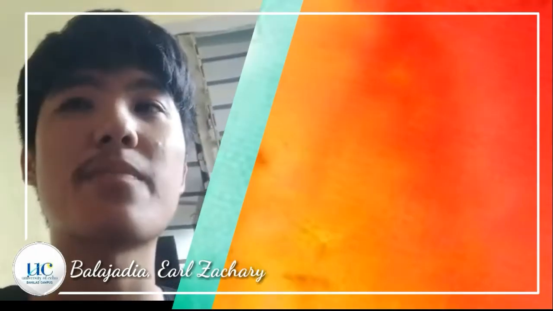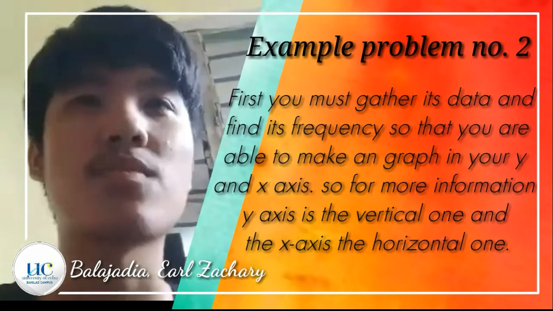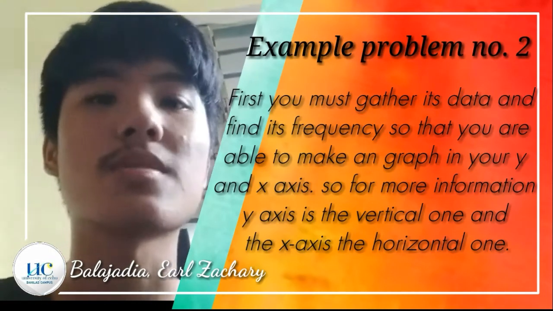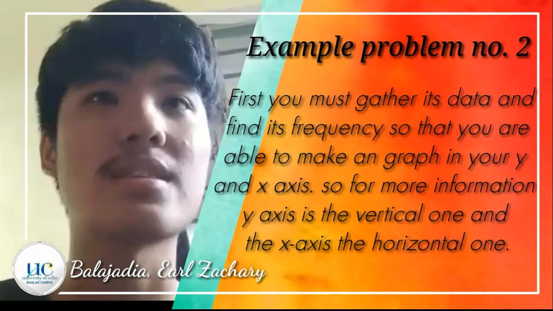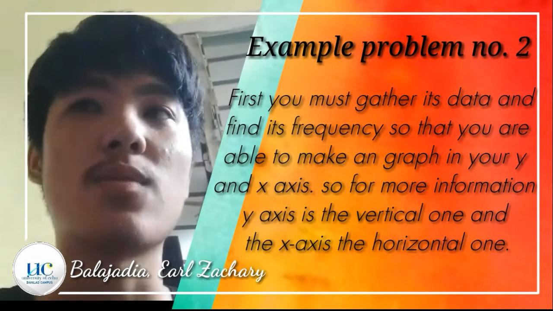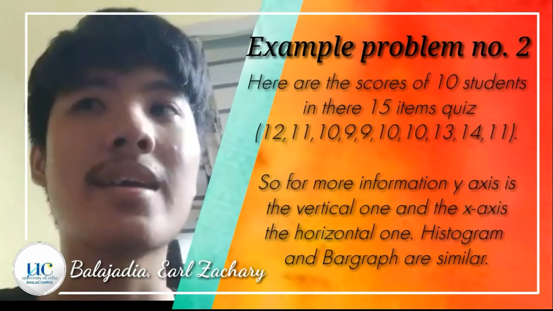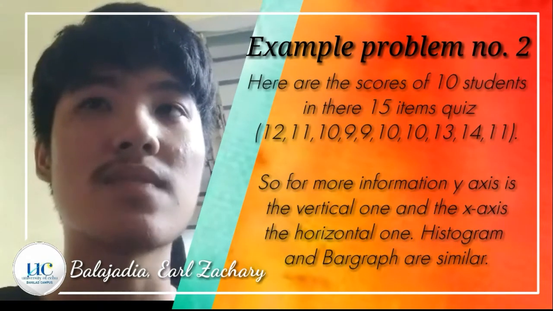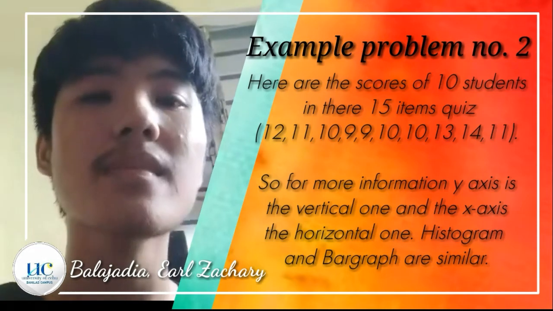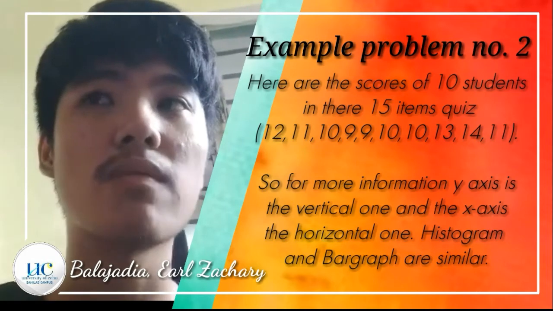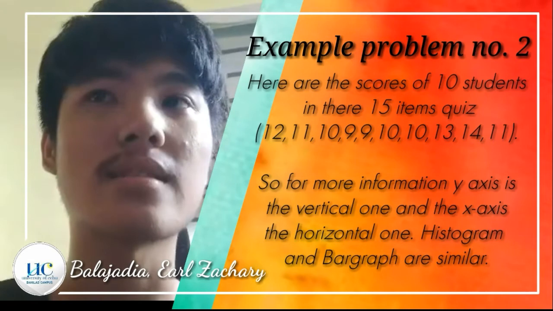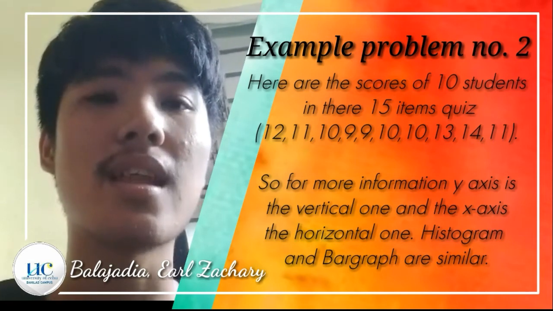So today I have a problem example so that you are able to put data in your y and x axis in a histogram. First, you must gather the data and find its frequency so that you are able to make a graph in your y and x axis. So the problem example is, here are the scores of 10 students in their 15-item quiz. The scores are 12, 11, 10, 9, 9, 10, 10, 13, 14, 11.